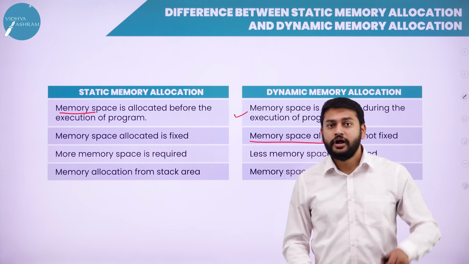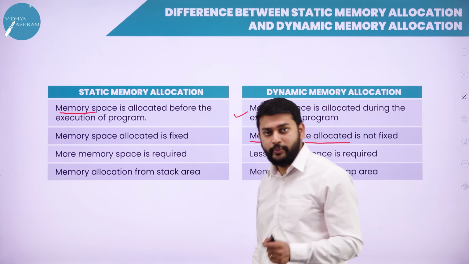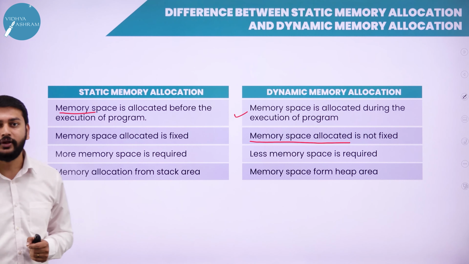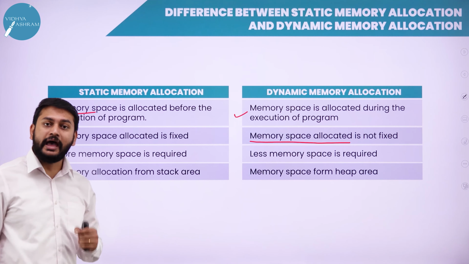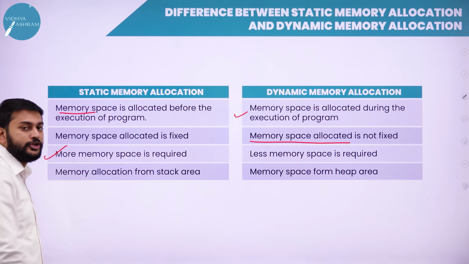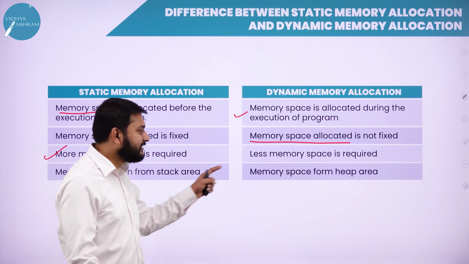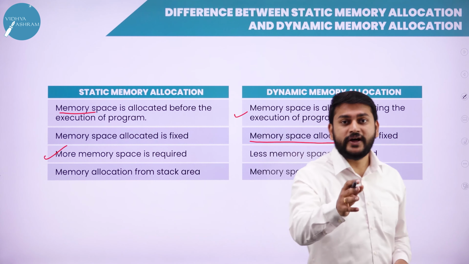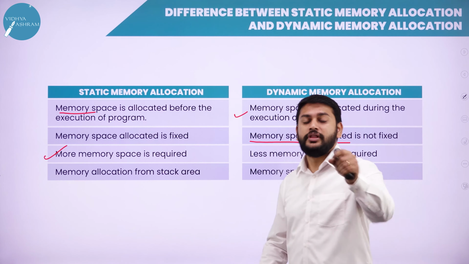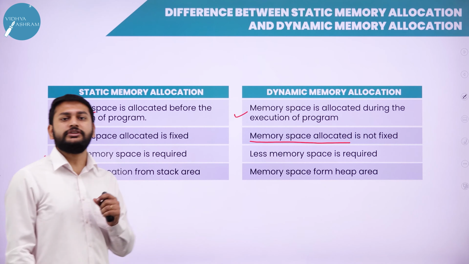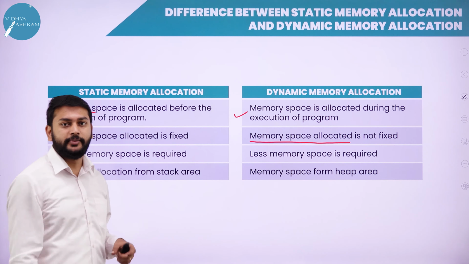Here also, whenever I allocate memory for a program, I have to allocate more memory. Memory management is not efficient in this type of allocation. In dynamic allocation, less memory space is required, because if it requires memory again, the memory can be allocated. That is the most important point you should remember.